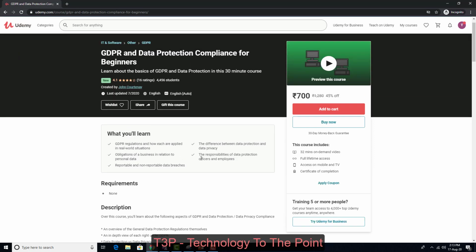Even if you are not working in the security domain, it's always good to have this information, because after some point of time, when you spend 4 to 5 years in IT, you will come across these terms again and again. So you should have that understanding, right? Let's see what coupon code we need to use and how we can make it free.